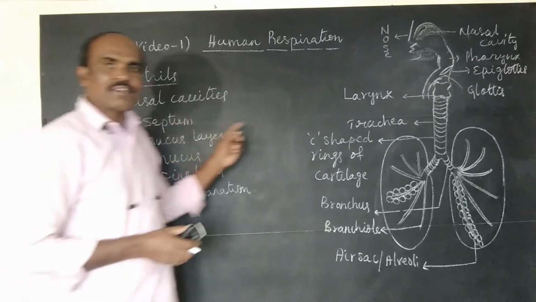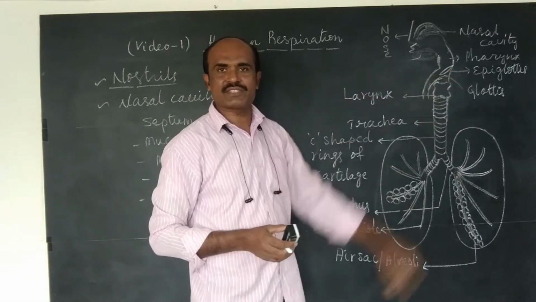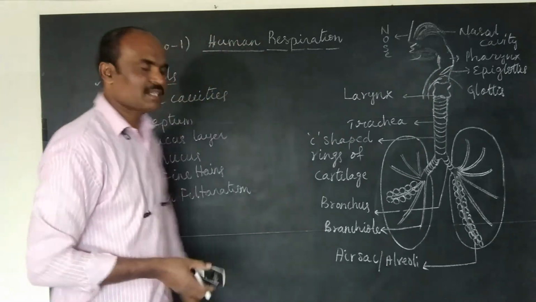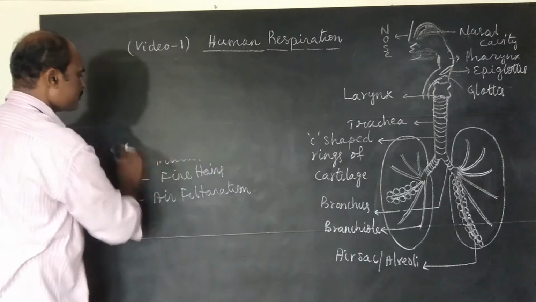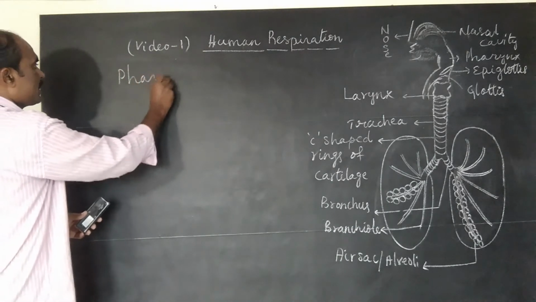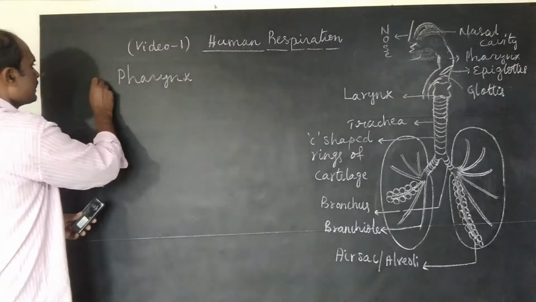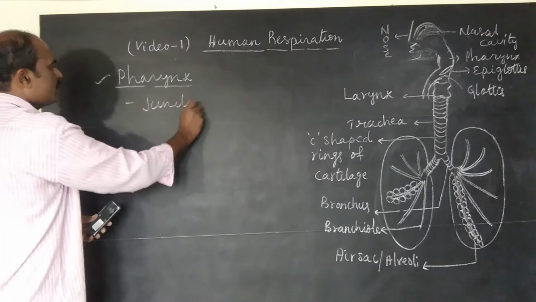Then nasal cavities open into the pharynx through internal nostrils or internal nares. Now let us talk about pharynx. Pharynx is a junction. Why is it called a junction?